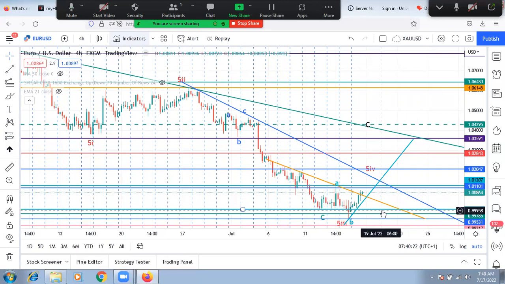See, at areas like this, I want to show you something in this area. If anybody had wanted to pick what is going to happen here, if the price had been coming down and you expect that, will this price break up or break to the downside?